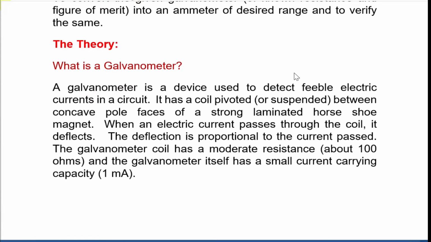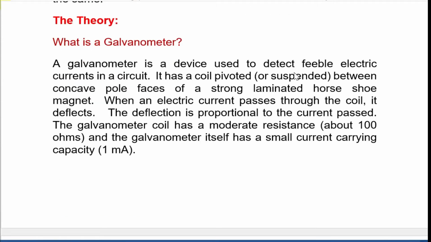The theory. What is a galvanometer? We know very well a galvanometer is a device which is used to detect a feeble electric current in a circuit. It has a coil pivoted, pivoted is nothing but suspended, between concave pole faces of a strong laminated horseshoe magnet.